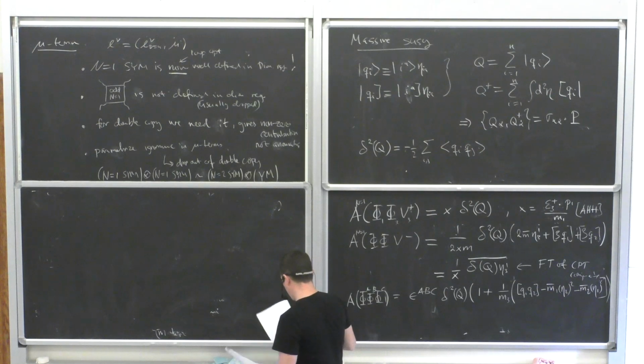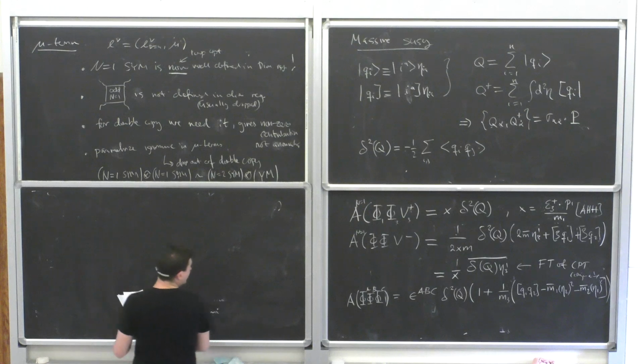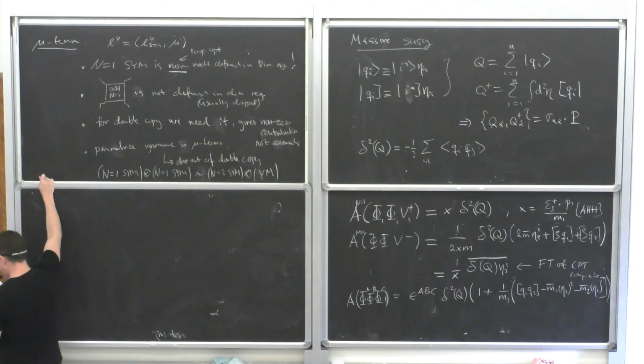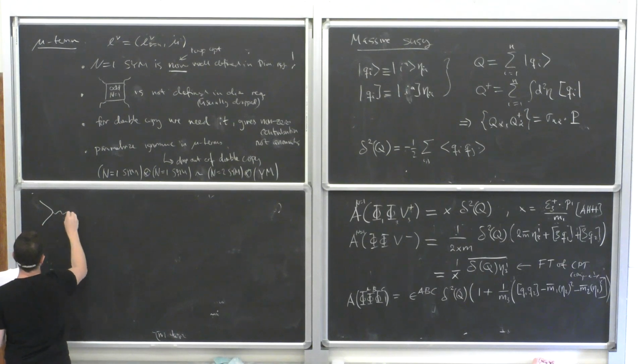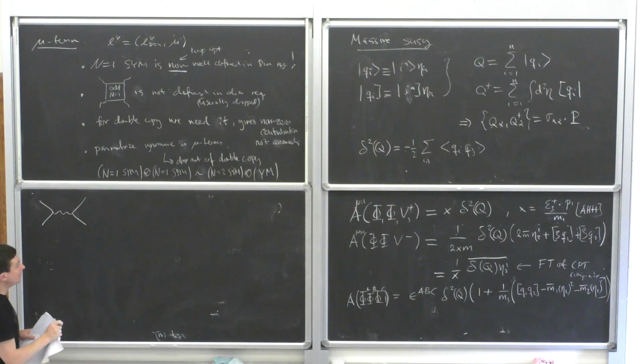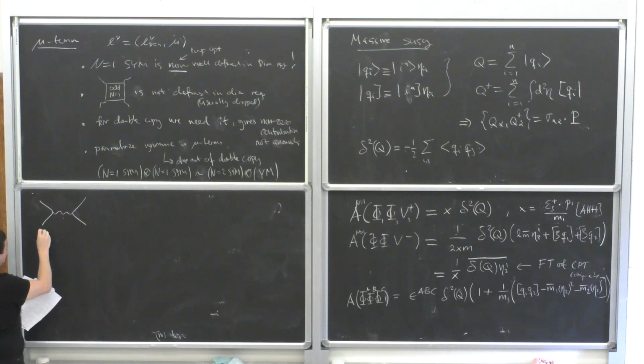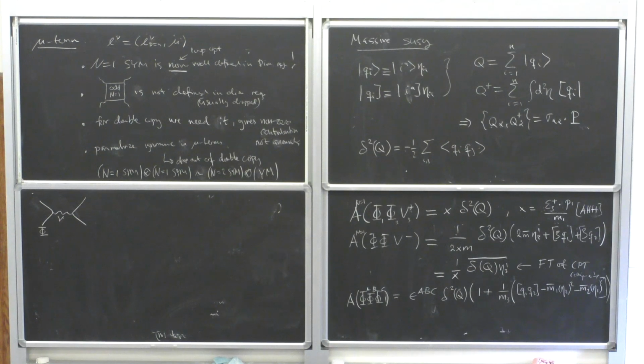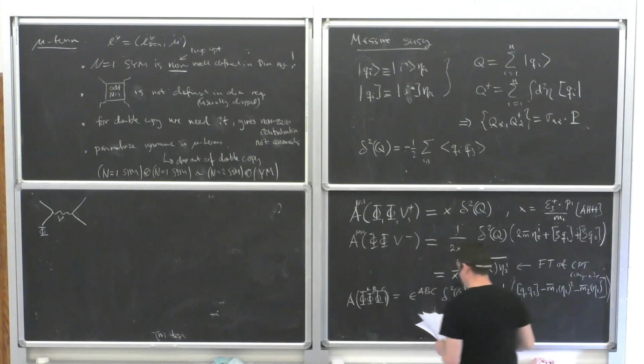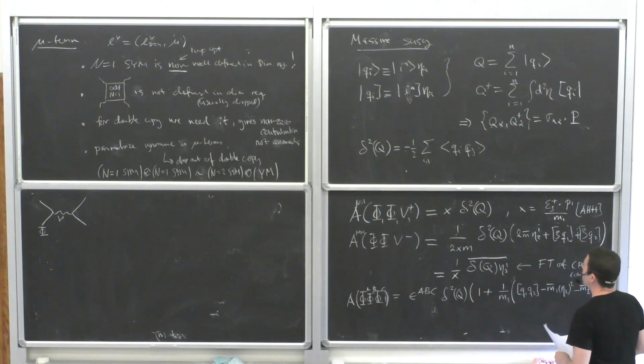Yeah, so one thing I want you to do is I want to write down an expression for this diagram. So this is a chiral multiplet, and this is a vector multiplet. Yeah, it's tree level.